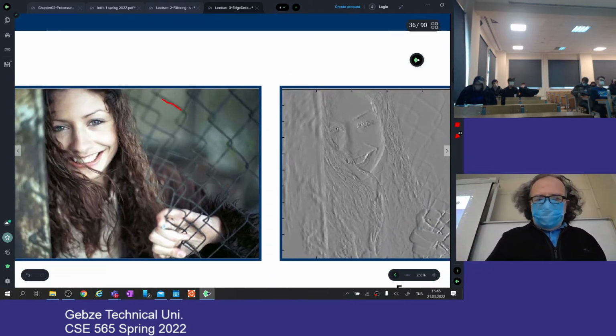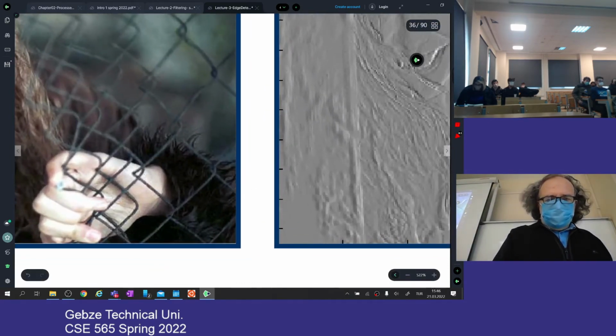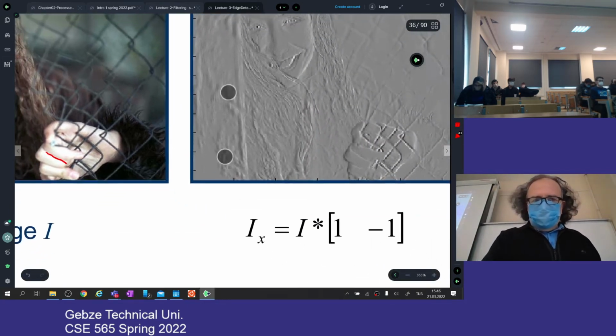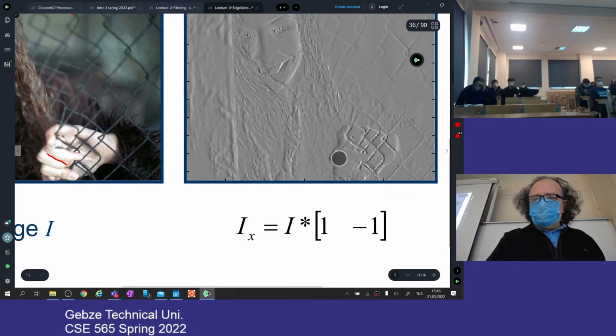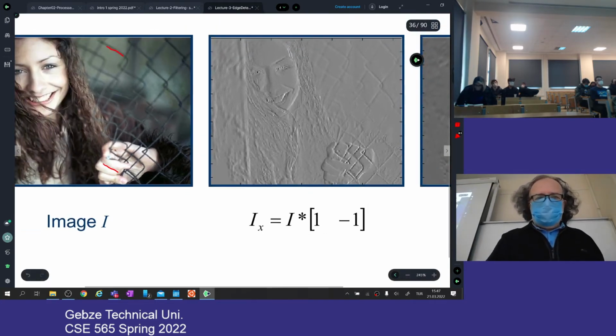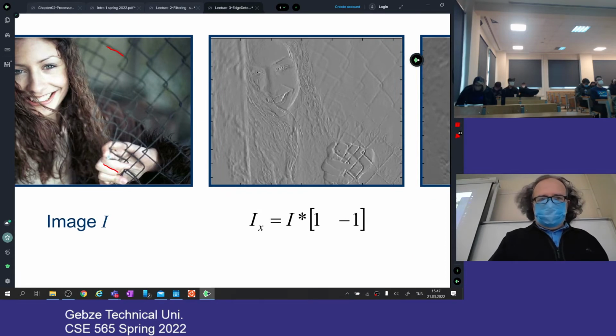I am looking for an edge like this one. This is mostly a vertical edge. For that one, I don't get much response. All the responses are the horizontal responses.